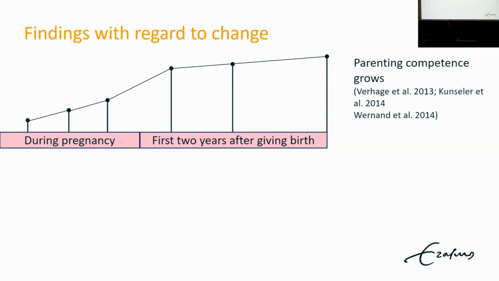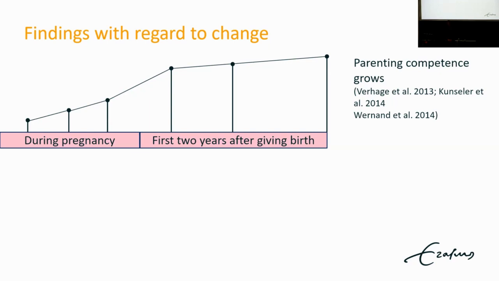So here are two examples with regard to what was found when studying change. This is from our own cohort study, or actually I should say Carlo's cohort study that I used to be involved in, and Miriam Oosterman's study, the Generation Squared study, and parenting self-efficacy, which I sometimes equate to competence. We can debate about that, but here I mean perceived competence as a parent.